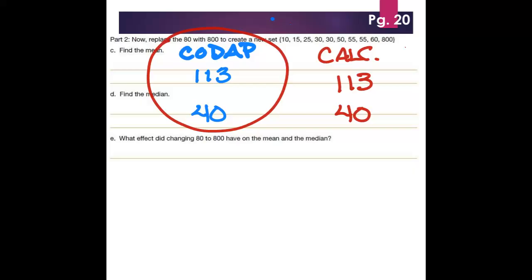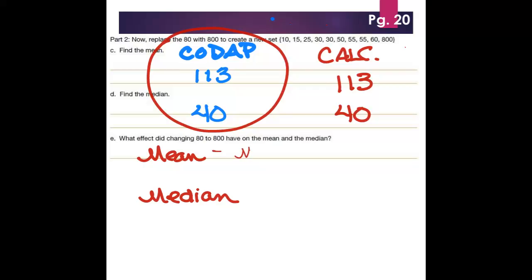Here's the big question. What effect did changing 80 to 800 have on the mean and the median? Raise your hand. What effect did changing 80 to 800 have on the mean? Rachel. They made our mean different. In what way? They put a bigger number.